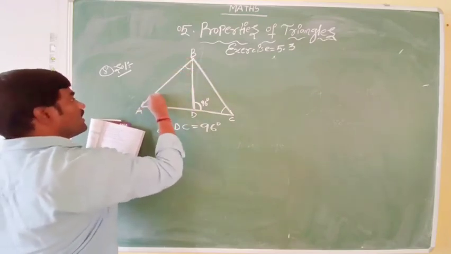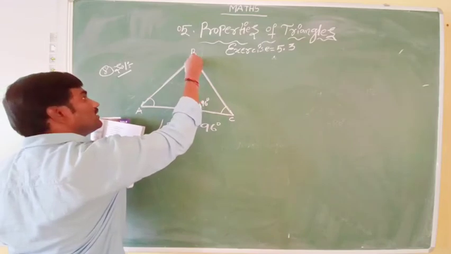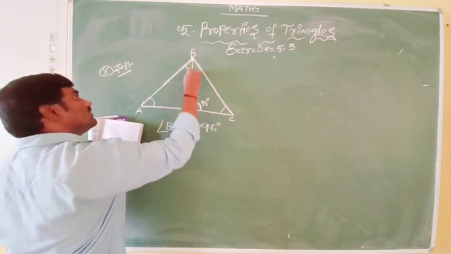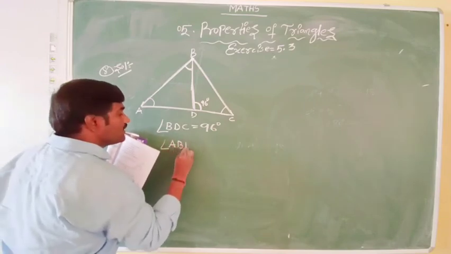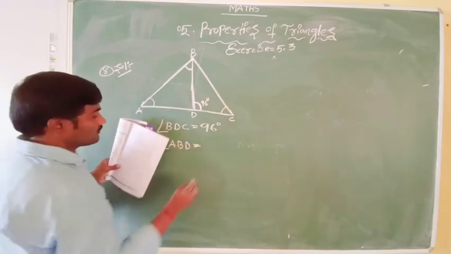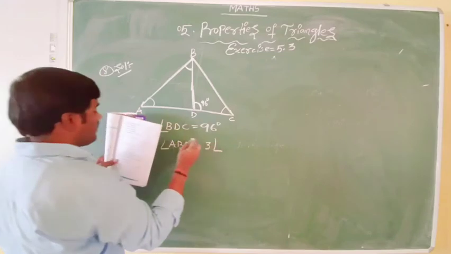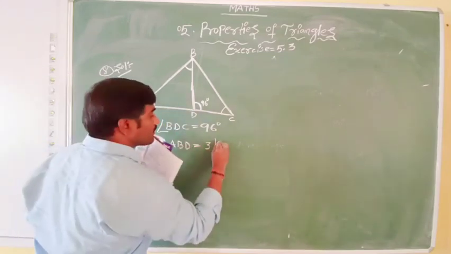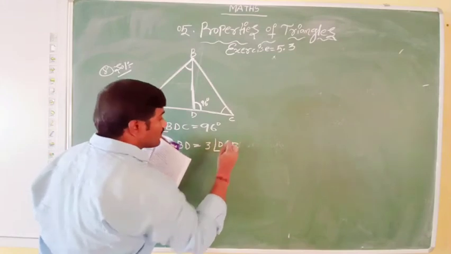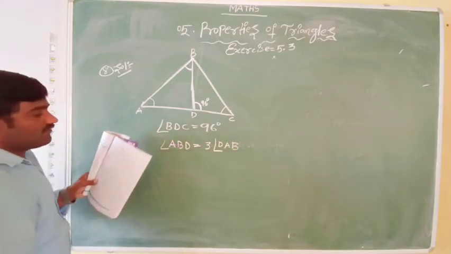Angle ABD is equal to 3 times angle DAB. Then find.